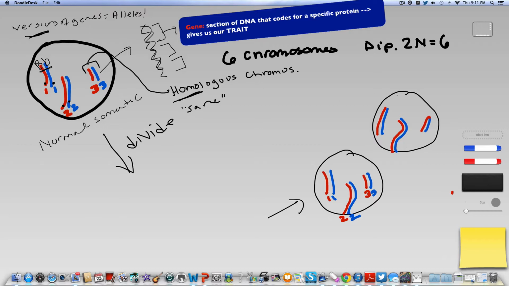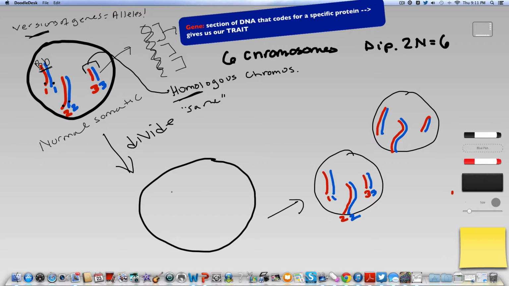In order to do that, I'll draw a big cell here so we can see what's going to happen. Let's not make it too big. So what we're going to see here is dad's chromosome number 1 is going to replicate.